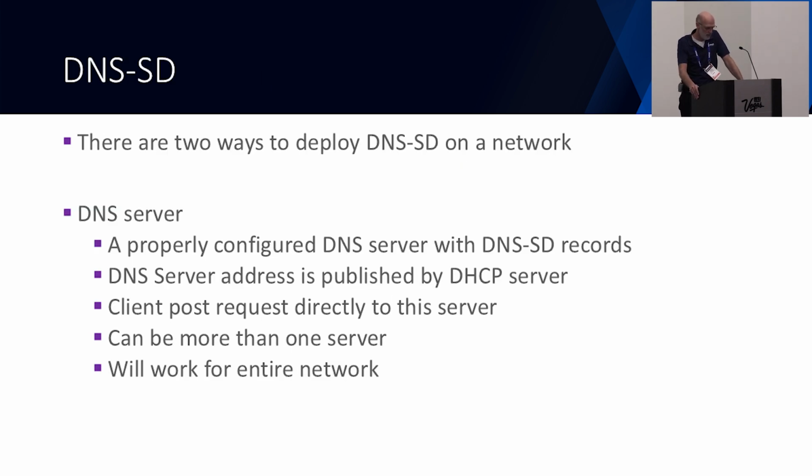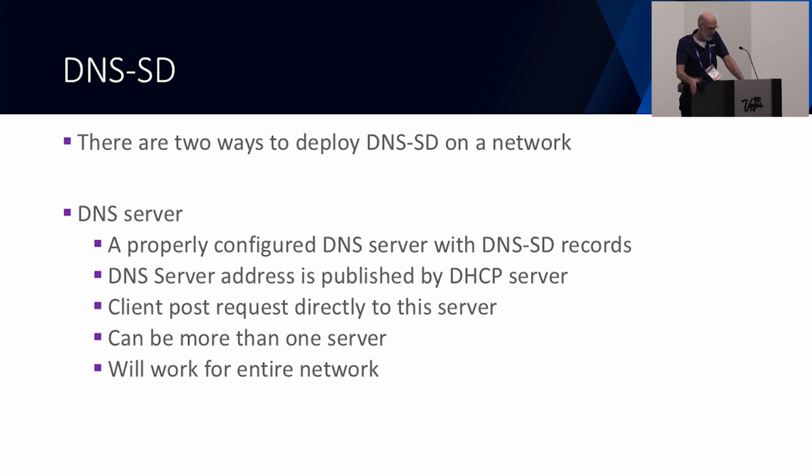There are 2 ways to deploy DNS-SD on the network. The preferred way, if you have a well-engineered system or a bigger system, would be to have a properly configured DNS server on your network, with DNS records, and the DNS server address is published by the DHCP server, like we just saw.